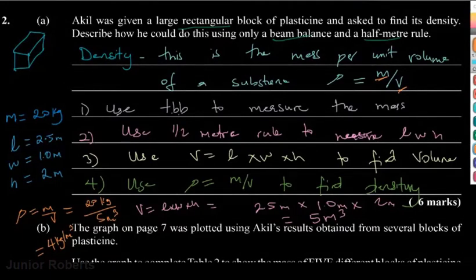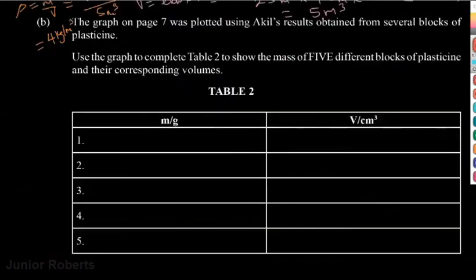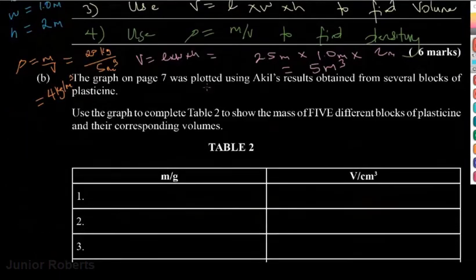So we will move forward, and here now it says to use the graph on page 7. Well, let me read it properly. So it says the graph on page 7 was plotted using Akil's results obtained from several blocks of plasticine. Use the graph to complete table 2 to show the mass of 5 different blocks of plasticine and their corresponding volumes.